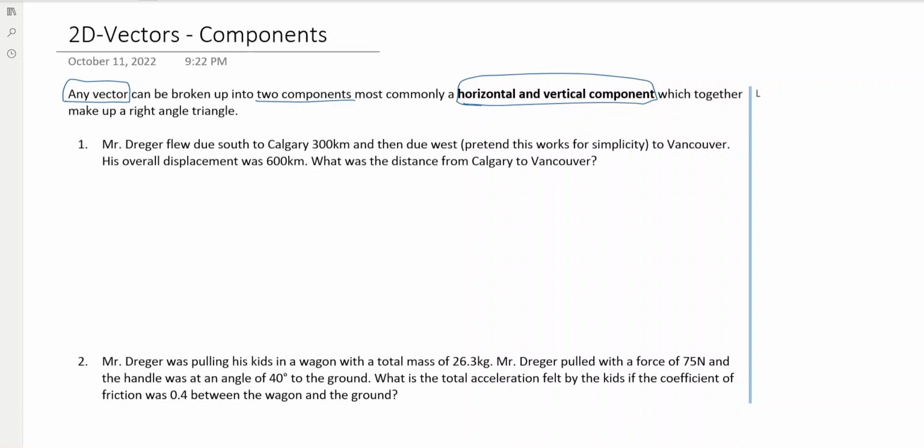So let's try to use this idea of being able to break up vectors in order to find the components. Here's the first example. It's a pretty simple one. Mr. Drager flew south to Calgary, 300 kilometers, and then due west.